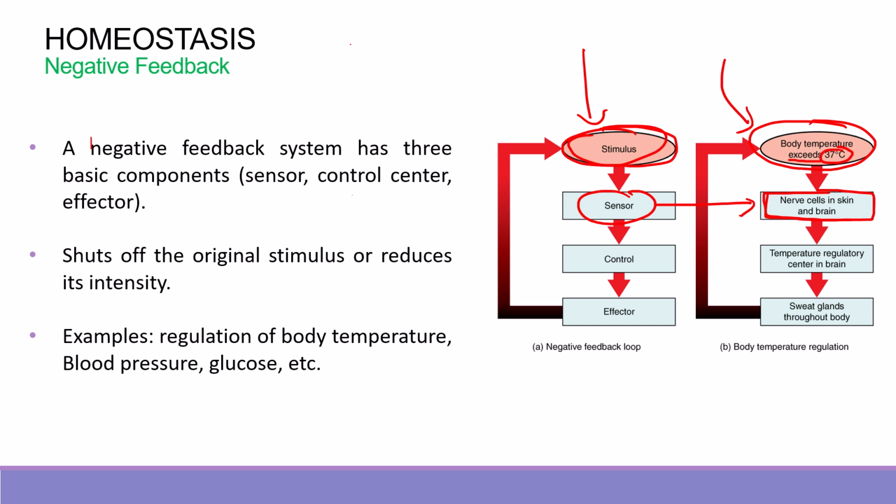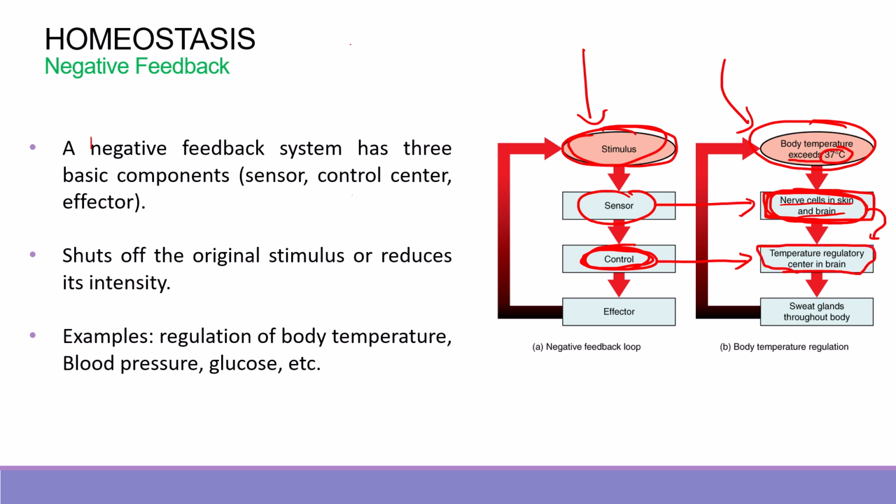In this case, nerve cells in the skin and the brain can detect changes in temperature. That is the sensor. These nerves in this part of the brain that detect the temperature going up cannot do anything about it. The only thing the sensor can do is inform the control center to take a decision. In this example, the control center is located in the brain.